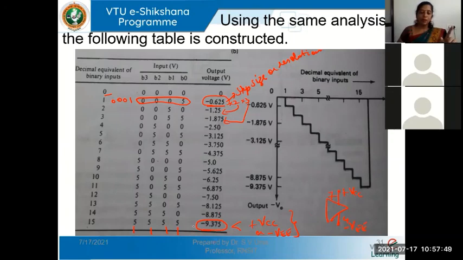The final output voltage which you get should be less than these values by at least 1 volt, because the op-amp output will saturate at let's say 85 to 90% of this VCC. So I may get the maximum output. If I give 12 volts here, I may get maximum output of just 10.8 or 11 volts.